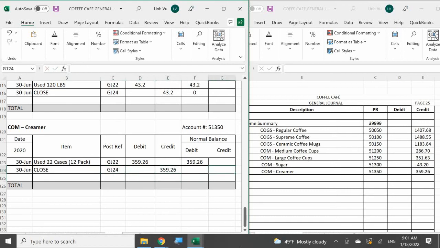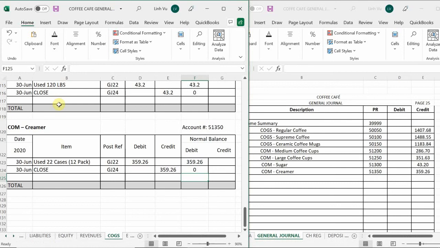And that's all the cost of goods sold section right there.